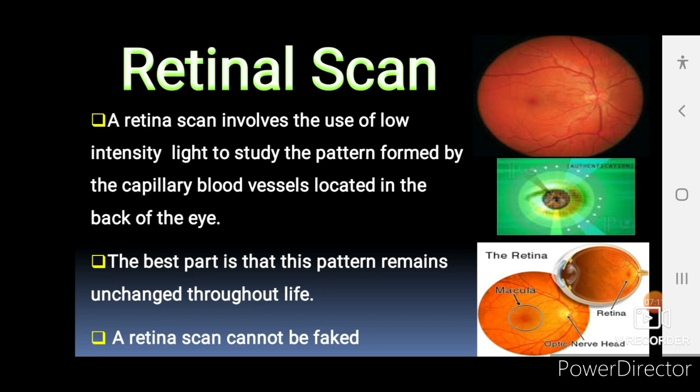A retina scan cannot be faked as it is not possible to forge a human retina. Also, a retina taken from a dead person decays too rapidly and cannot be used to fool a retinal scan machine.